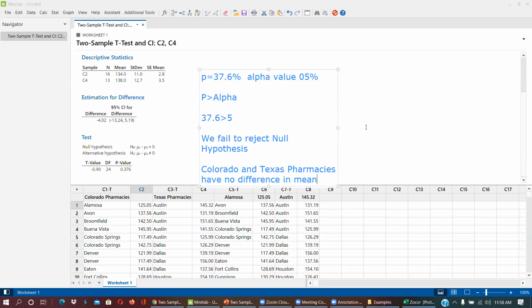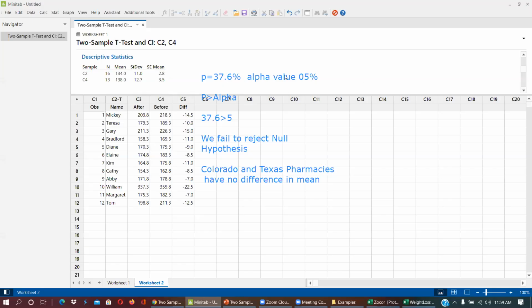Let me do one more example for this. Just a minute, let me pull out one more. This is another example, and you can clearly see what kind of example this is. This is basically weight loss before and after. So before it was this, after it was this.